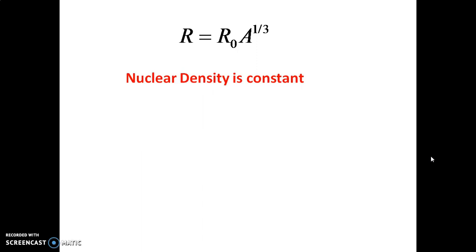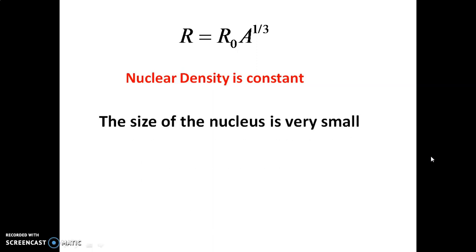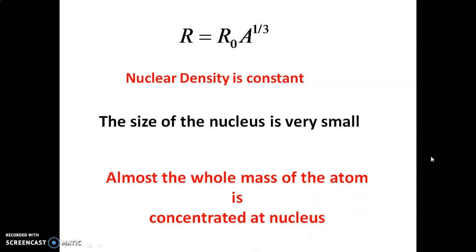We also learned that nuclear density is constant, whatever be the nucleus of whichever element, and the size of the nucleus is very small in comparison to that of the whole atom, and lastly, almost the whole mass of the atom is concentrated at the nucleus.